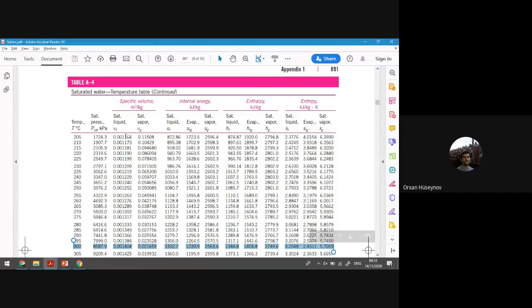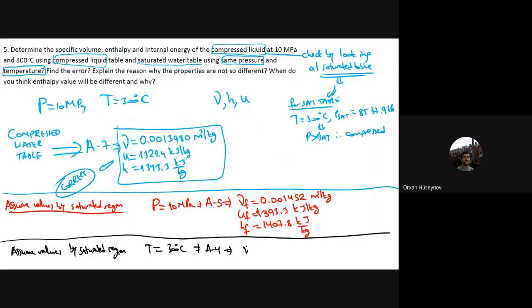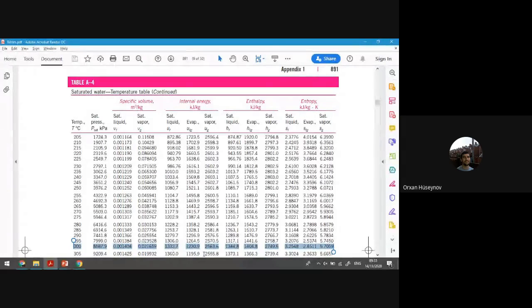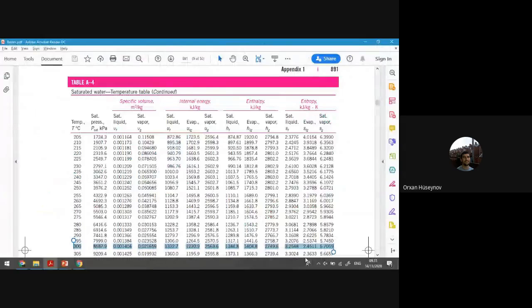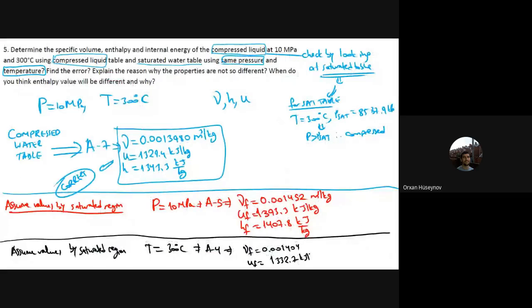And I will first look at the new F value, which is 0.001404. So new F is 0.001404. And the UF value is 1332.7 kilojoules per kilogram.